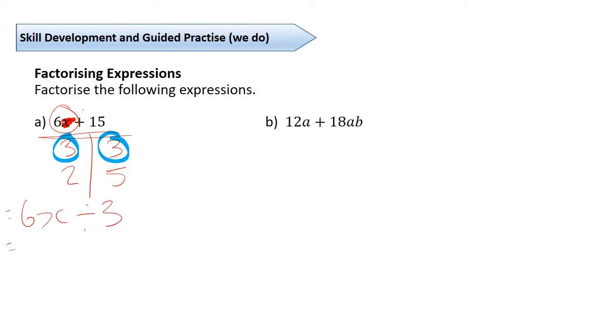So I need to divide each term by my highest common factor. 6x divided by 3, well, that's 2x. So 2x is going to be the value that goes into the brackets. We do the same for the other term, which is 15. So 15 divided by 3 is equal to 5. And so this is the other term that goes inside the brackets.